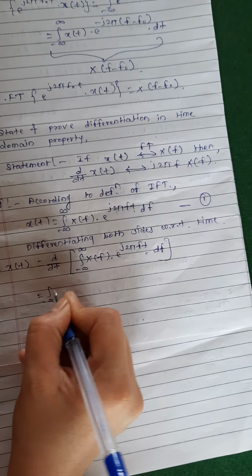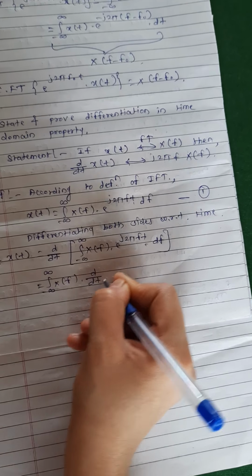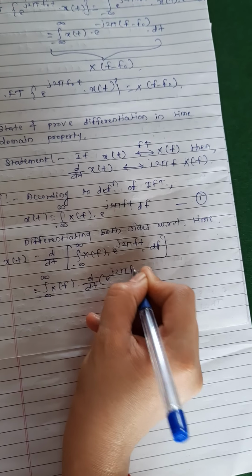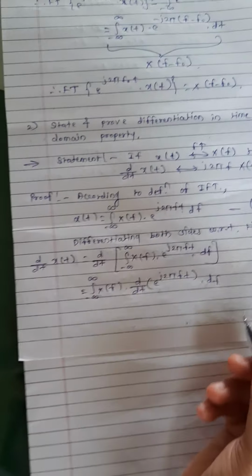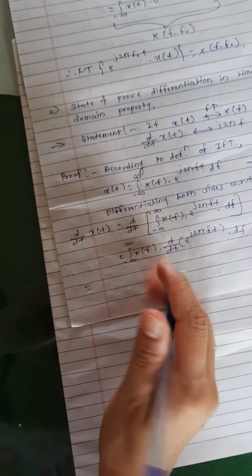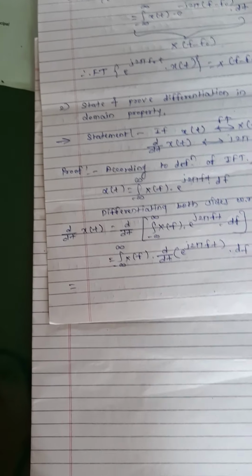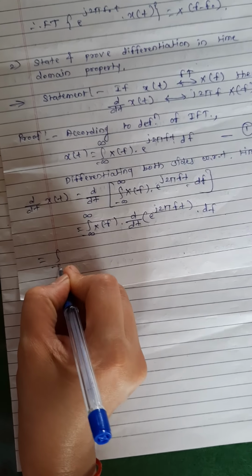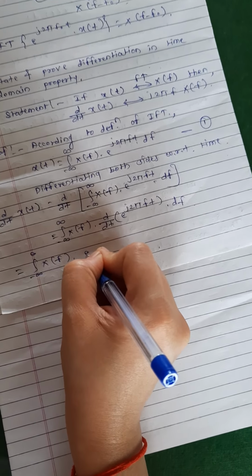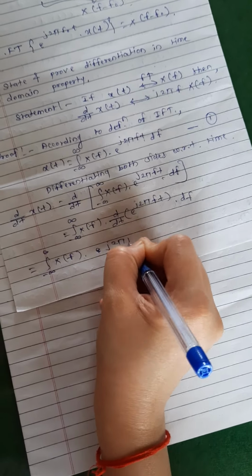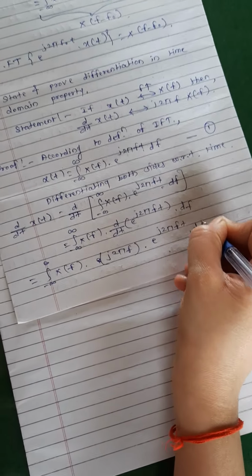So it is integral from minus infinity to infinity X of f d by dt of e raised to j2 pi f t into df. So it is equal to integral from minus infinity to infinity X of f as it is, and its derivative is j2 pi f into e raised to j2 pi f t df.